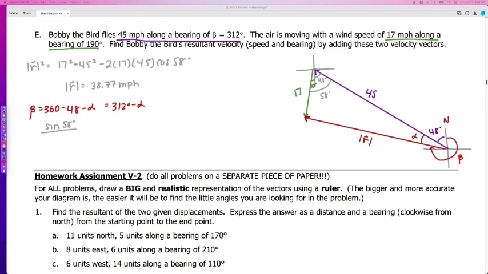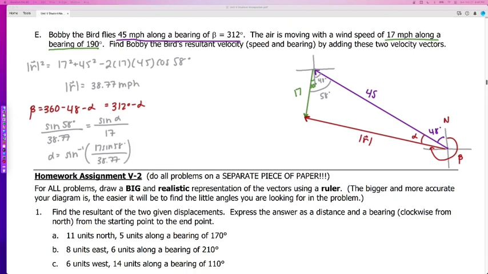Okay, the sine of 58 degrees over 38.77. And please actually store values in your calculator and carry the decimals larger than that. I'm just writing everything out with the information that I have here. Okay, that equals the sine of alpha over the side opposite alpha, which is 17. So when I plug this into the calculator, I'm plugging in the inverse sine of 17 times the sine of 58, all divided by 38.77.